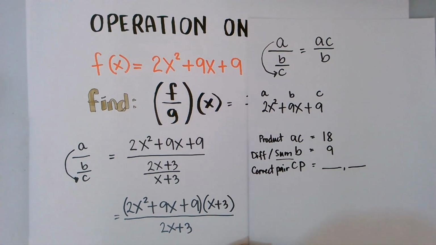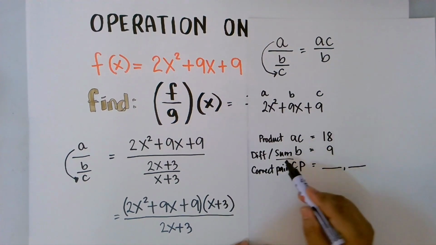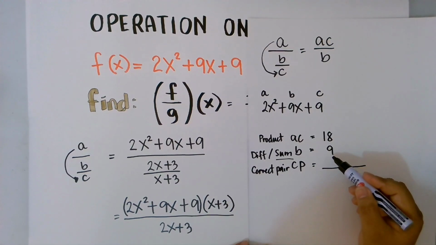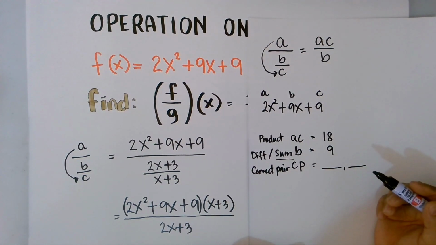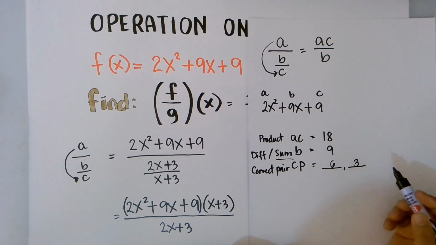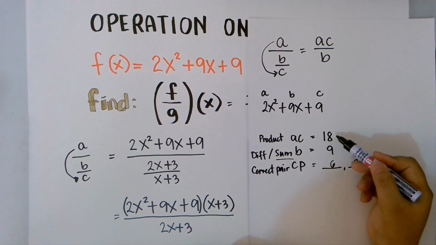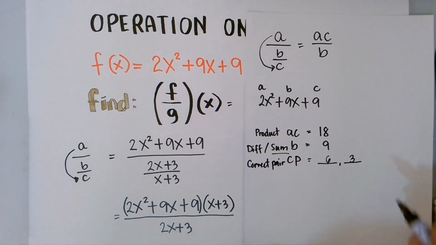What two numbers multiply to 18 and add to 9? Yes, you're right. That is 6 and 3. Let's try. 6 times 3 is 18 and 6 plus 3 is 9. Okay. So now we have the correct pair numbers.